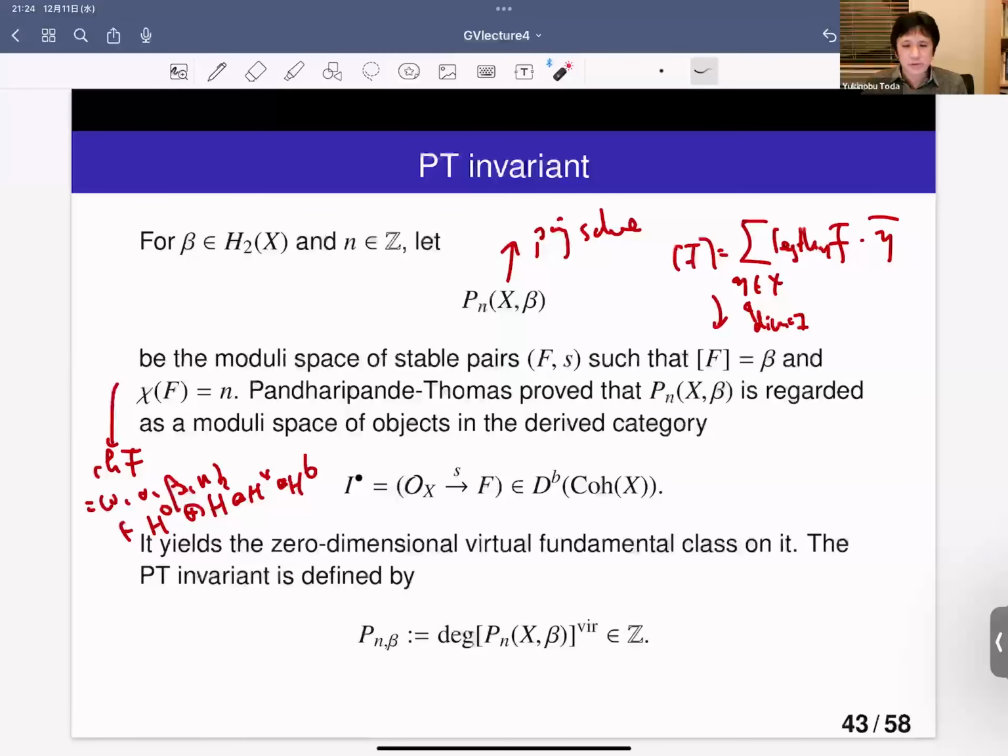Anyway, using this observation, they construct a symmetric perfect obstruction theory. So this is a projective scheme with a symmetric perfect obstruction theory, and therefore there is a zero-dimensional virtual fundamental class. So this is the PT invariant.